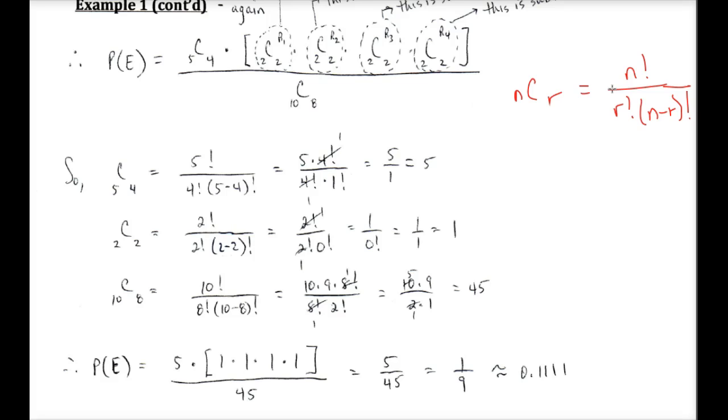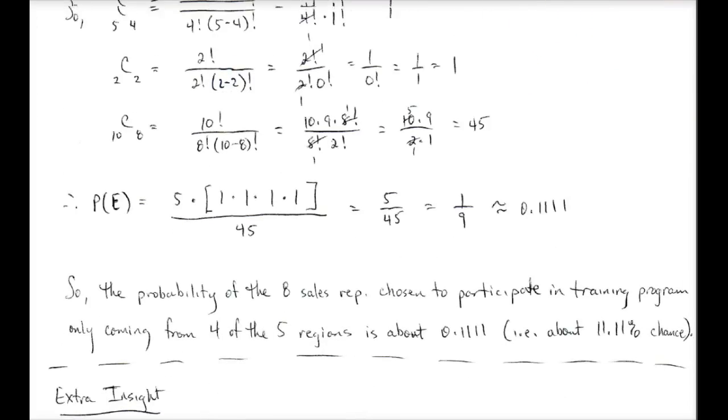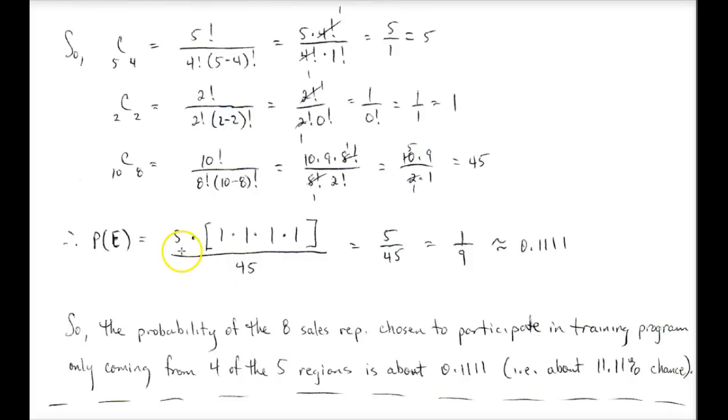Okay. So once we have these answers here, then you'll see that all we have to do is just plug everything in. And so we just have 5 times, and of course, for all those subtasks for subtask 2, there's only one way to pick the 2 representatives. So we just have 1 for all of these.